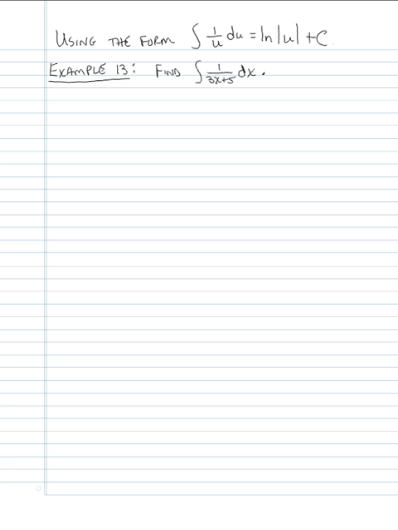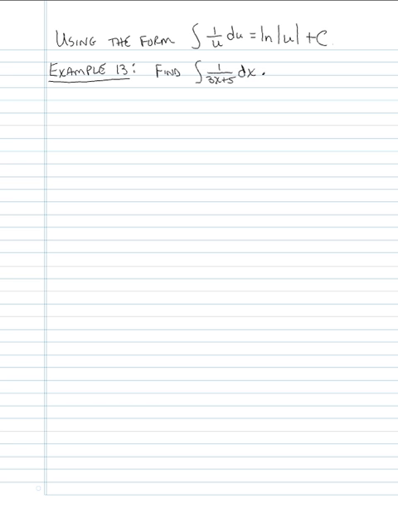Okay, look at example 13, and we're to find the integral of 1 over 3x plus 5 with respect to x. Now, of course, we've got that form up above, but before we talk about that, I kind of gave a hint of what we're going to do here.